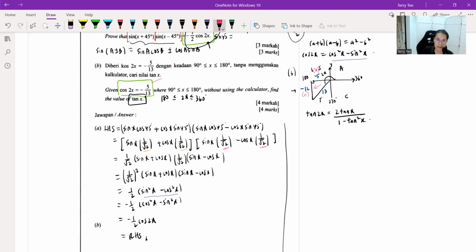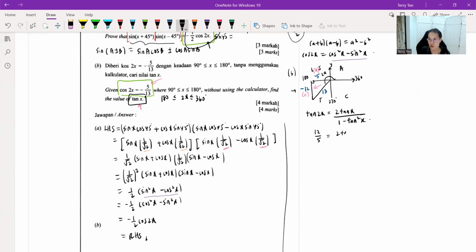So the reason why they give us cos 2x here is to help us find tangent 2x. And once you know your tangent 2x, we can find the value of tangent x by using the double angle formula. So here my tangent 2x is 12 over 5, and it is positive because negative 12 divided by negative 5 is positive.